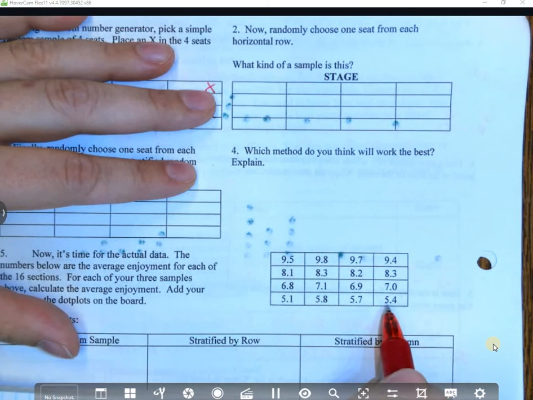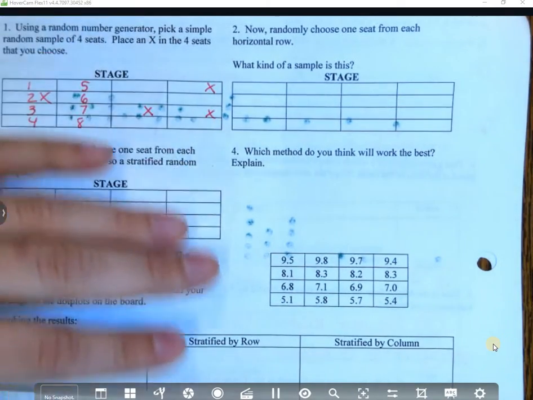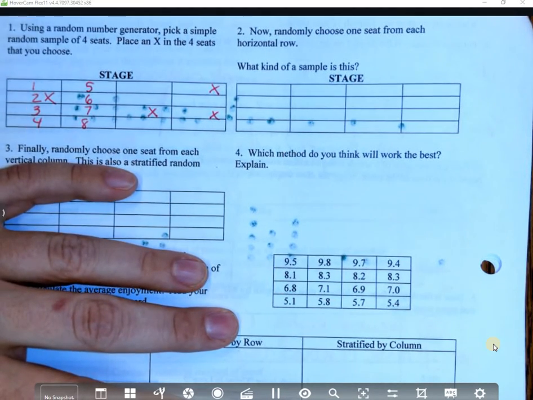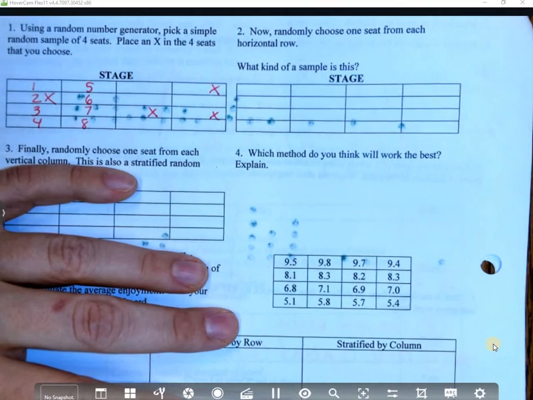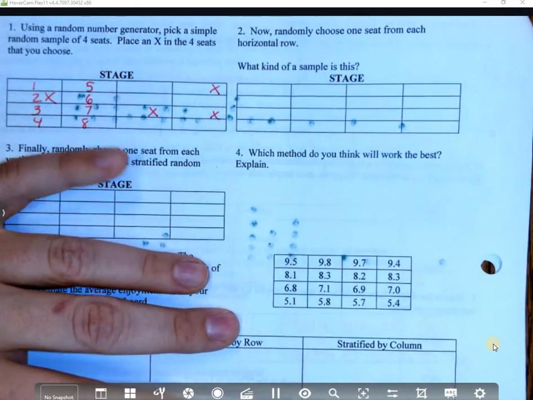And if the smallest number here is 5.1, so Smeet, also you. So did you mess up on all of them or just that last one? Can you tell me what your other numbers were so I can erase them? They were both 8s. Okay, we'll come back to Ryan. We'll come back to Smeet.